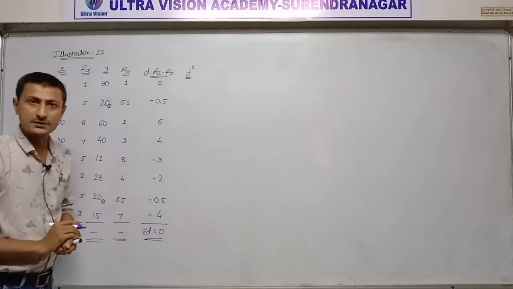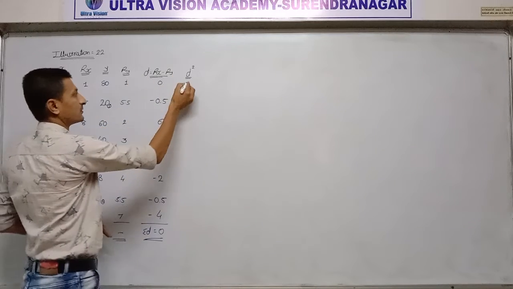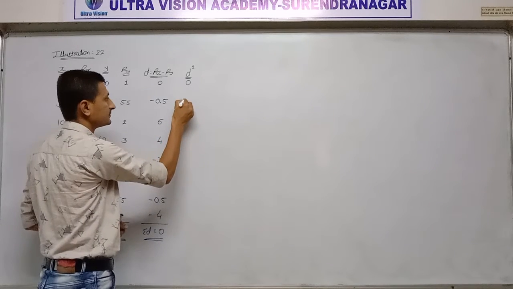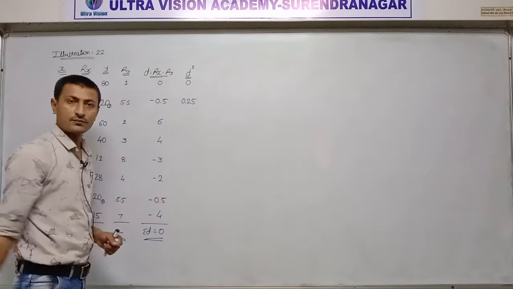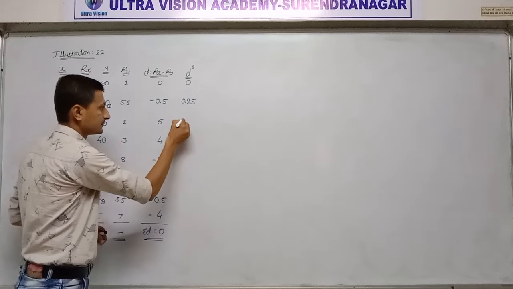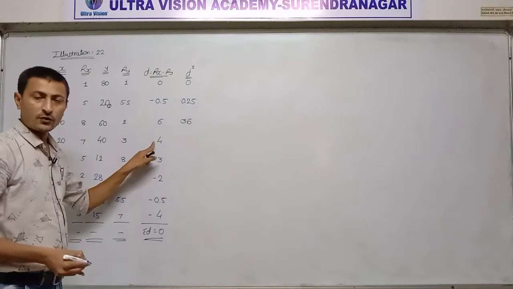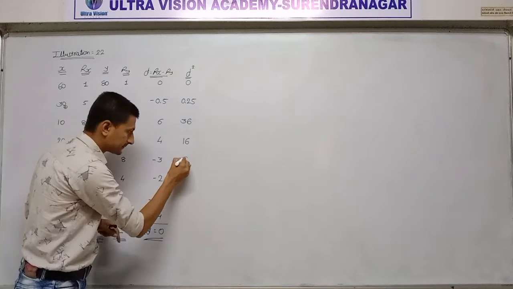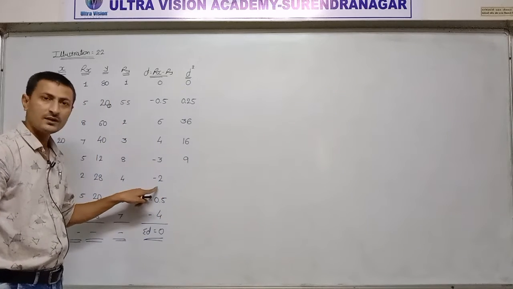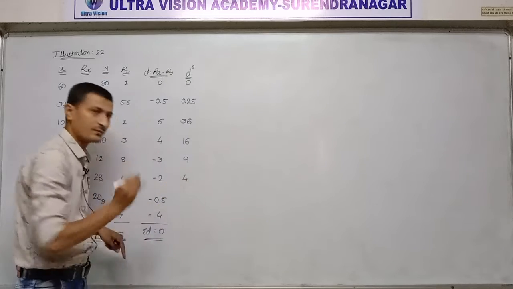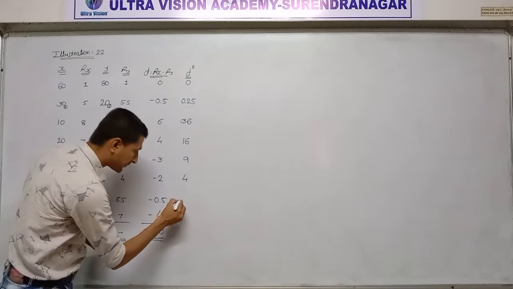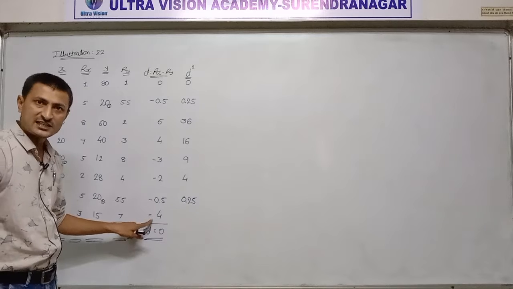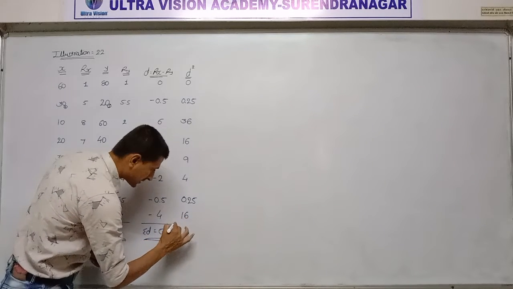Next, the last term, d square. So d whole square: 0; minus 0.5 into minus 0.5, 0.25; 6 into 6, 36; 4 into 4, 16; minus 3 into minus 3, 9; minus 2 into minus 2, 4; minus 0.5 into minus 0.5, 0.25; minus 4 into minus 4, 16.